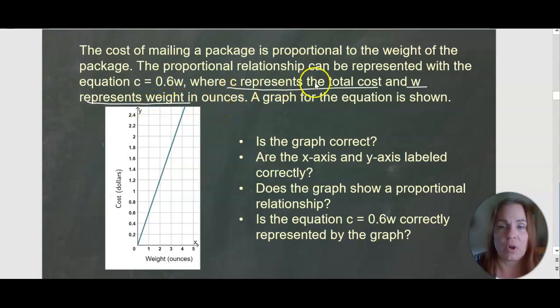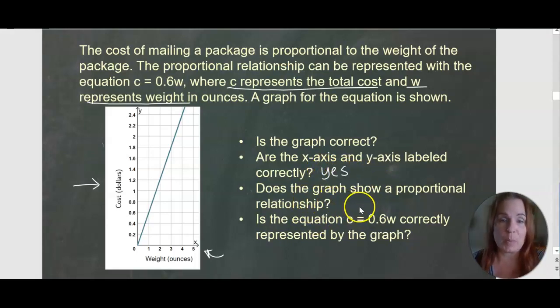So our cost depends on the weight, right? So the cost is dependent, so that should be on the y-axis, which it is. And then the weight is the independent or the input, and that should be on the x-axis, which it is, right? So yes, the x-axis and y-axis are labeled correctly.